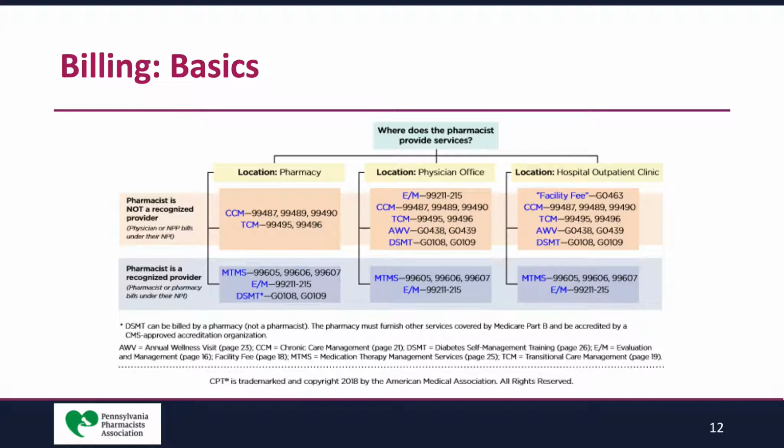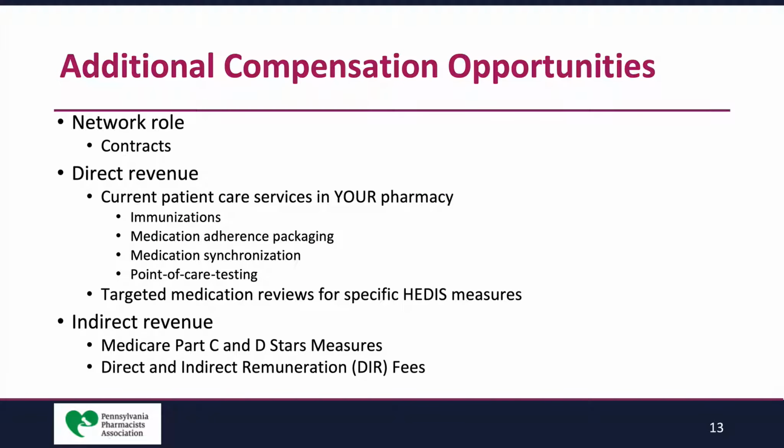We can do certain evaluation management assessments. We can do chronic care management. We can do annual wellness visits. We can do diabetes education. In the pharmacy, we can only do things such as MTM or evaluations. So it's important the location and the service is also dependable.